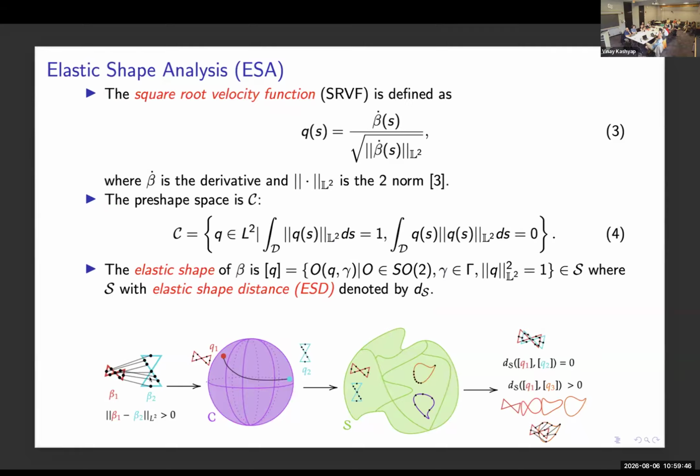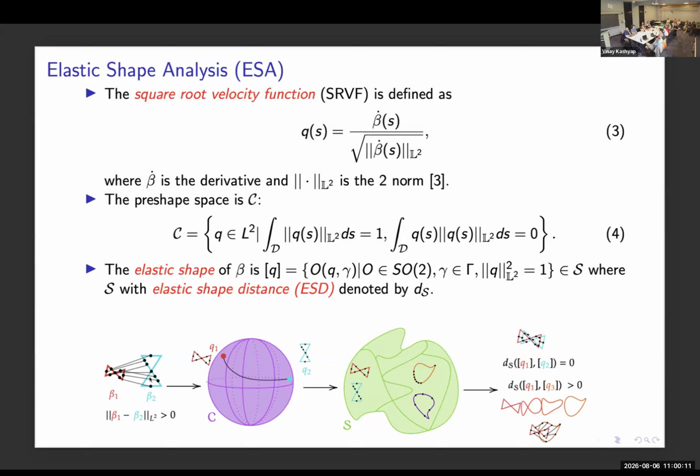And so when you're getting these distances and you want to remove parameterization, you want to make your distance invariant to reparameterization or sampling, the main way to do it is using something called an elastic metric. And so when you're using an elastic metric, you're getting into Riemannian geometry, and so you're going to be using geodesic distances.